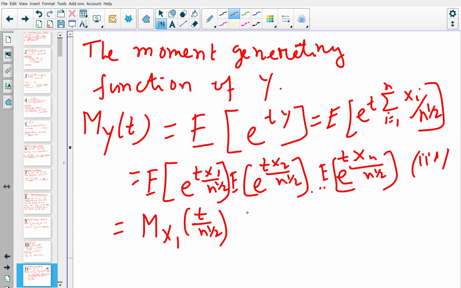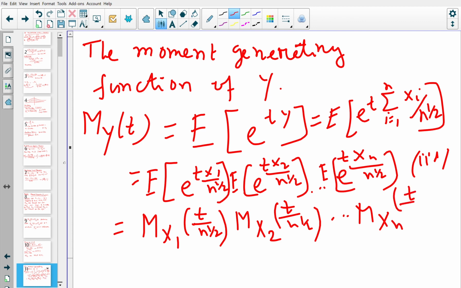Similarly, the second one is the moment generating function of x2 at t over n power half, and so on, the moment generating function of xn at t over n power half, right?